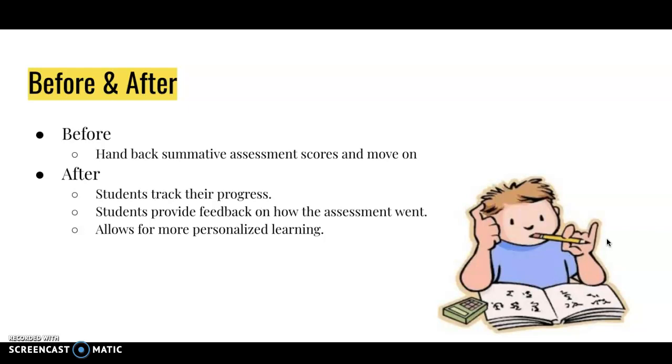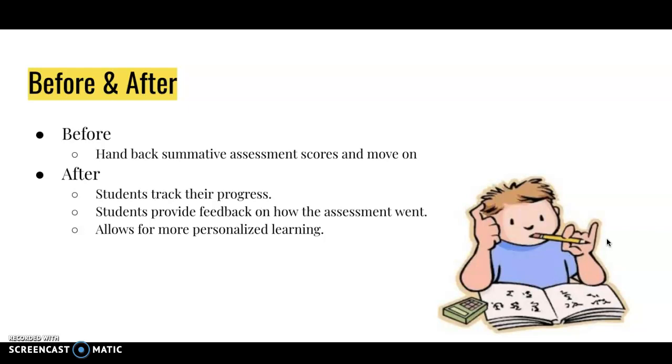My first few years of teaching, whenever I had a summative assessment, I would typically hand back the scores, and if a certain number of students understood the material, we would simply move on and start the next thing. But after reading Marzano's book, I became more mindful about my transition from one unit to the next.